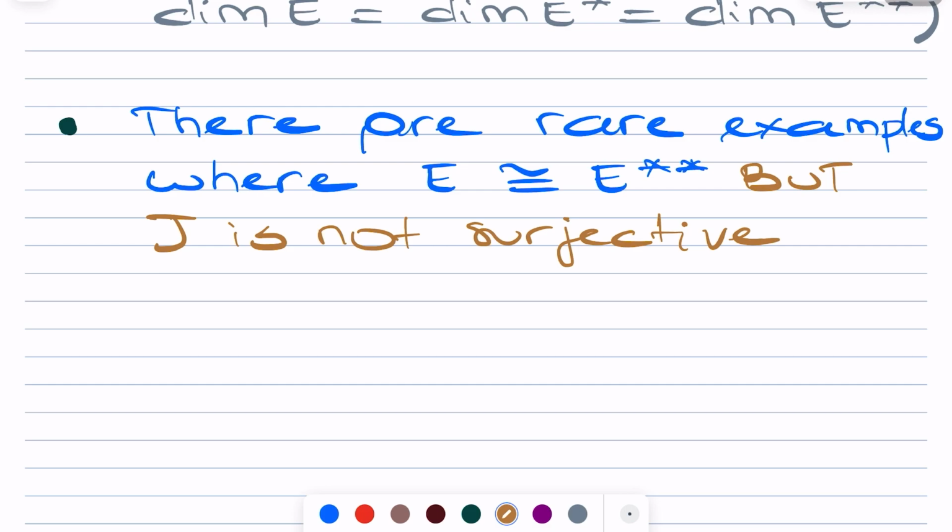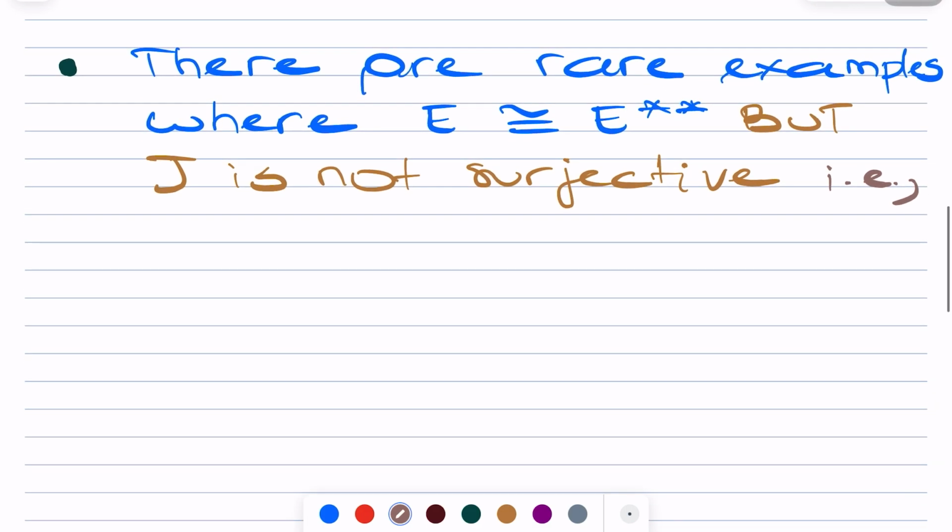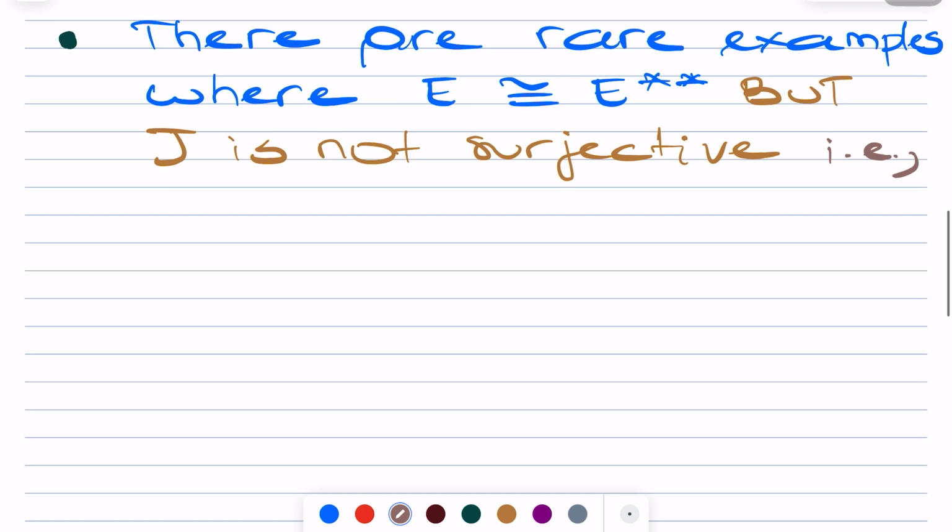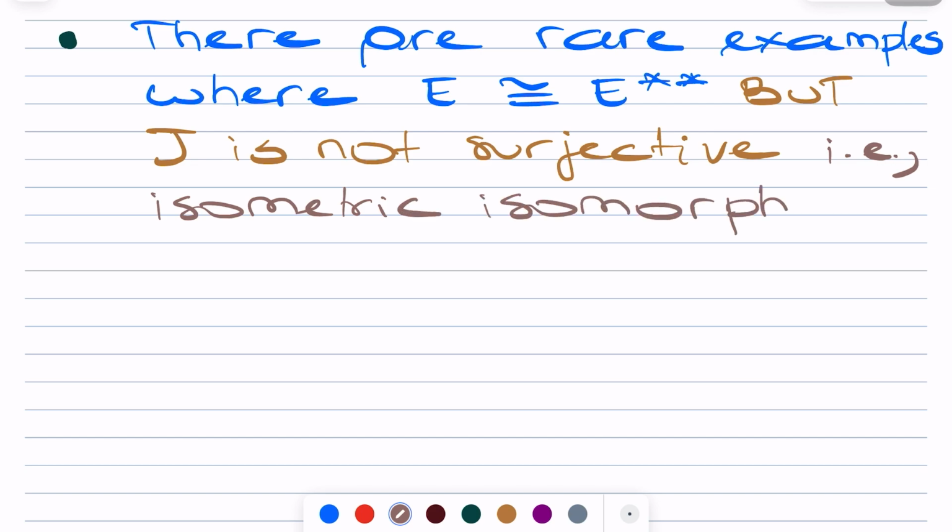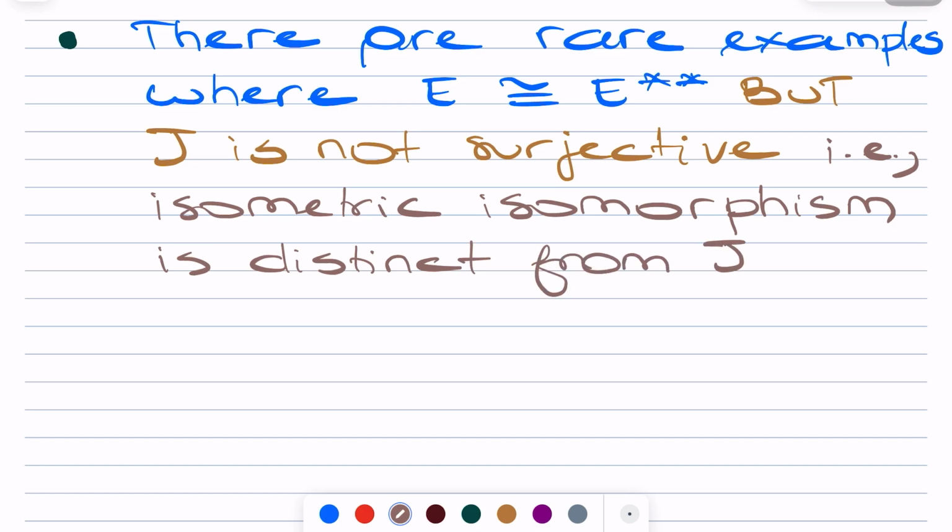So what I mean here is that this isometric isomorphism is really distant from J.